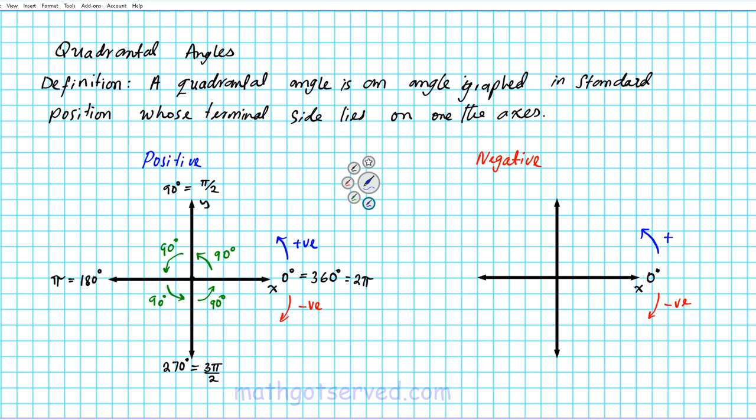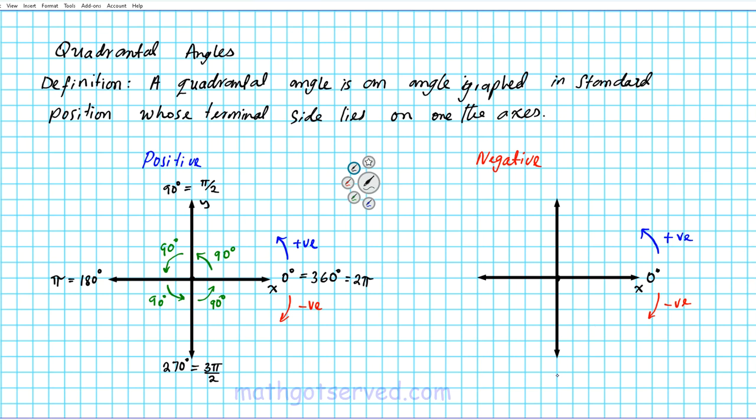We're generating our negative quadrantal angles in this graph, so we're going to be going clockwise. Alright, so when you start from 0, and you rotate quarter of a circle in the clockwise direction, guess what? That is negative 90 degrees. Okay, so this negative direction right here, the negative x axis, is the first or the second negative quadrantal angle.